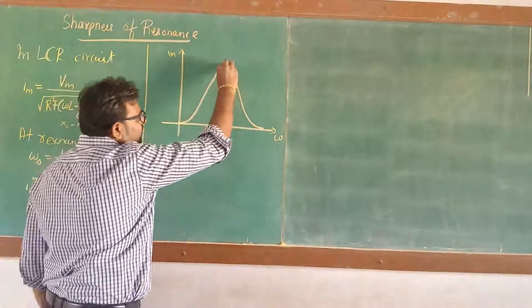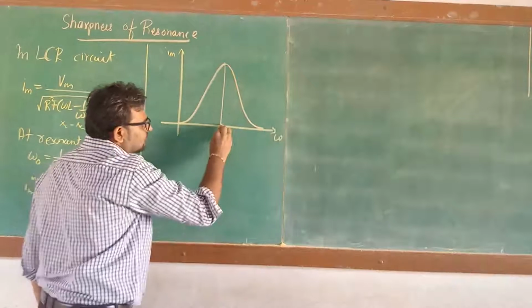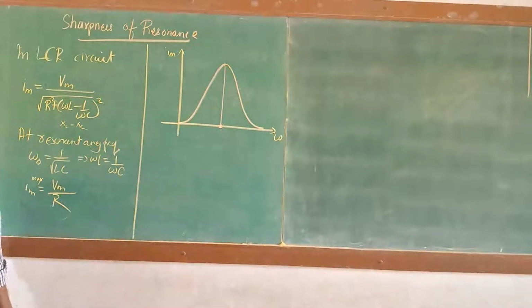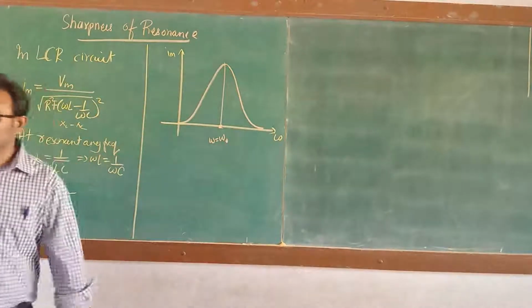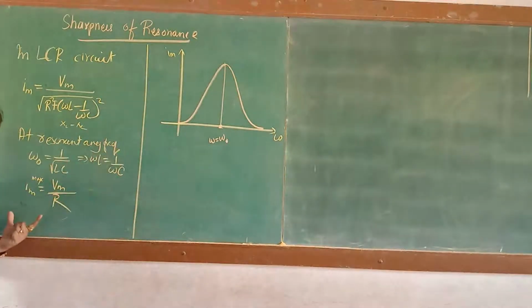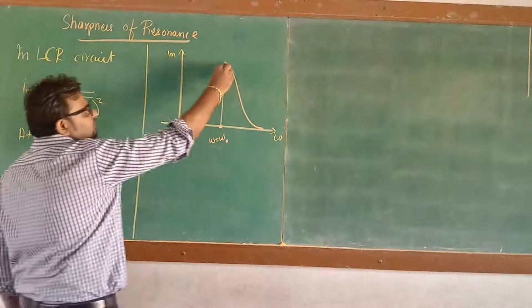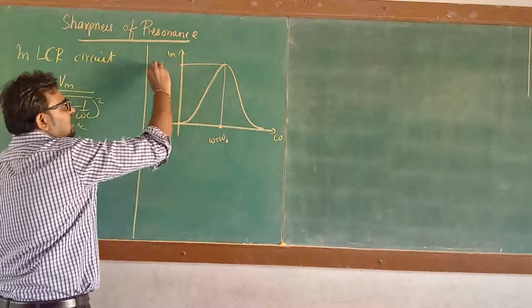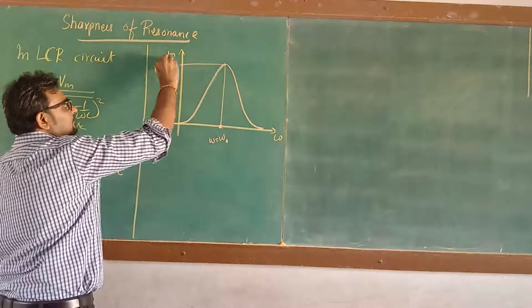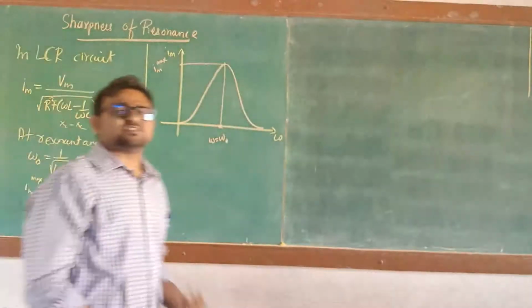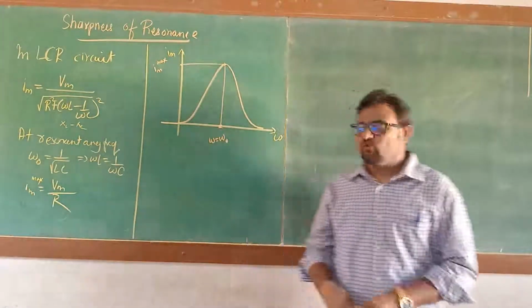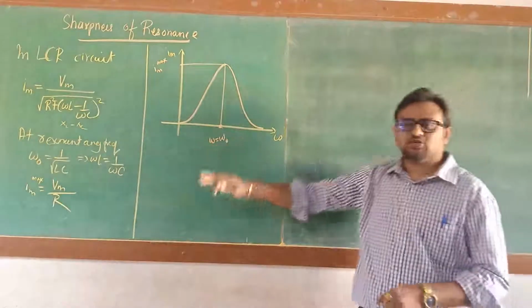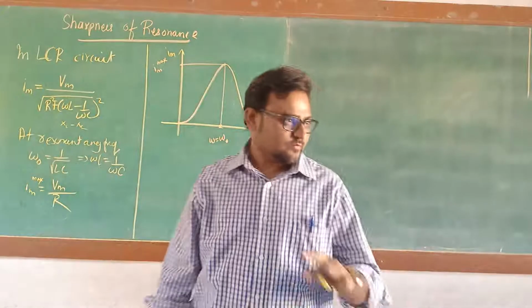At this value, omega equal to omega 0, which means resonant frequency, we get Im maximum. So the power dissipated when omega equals omega 0 is maximum.